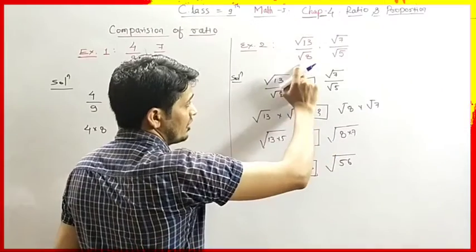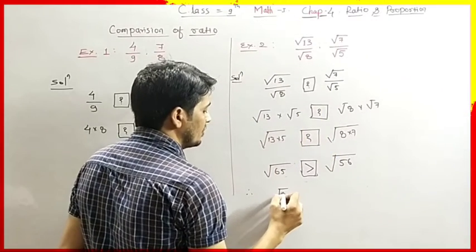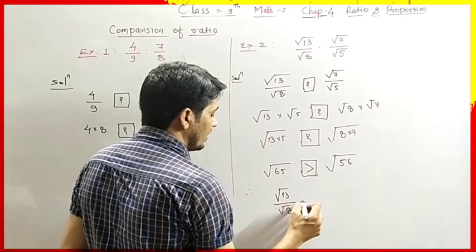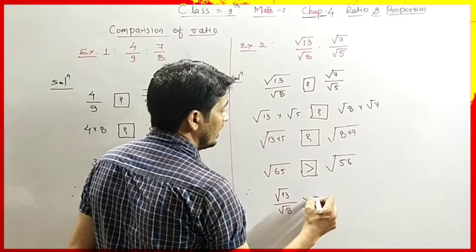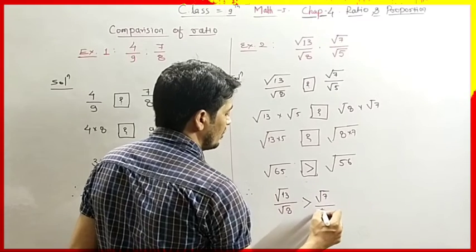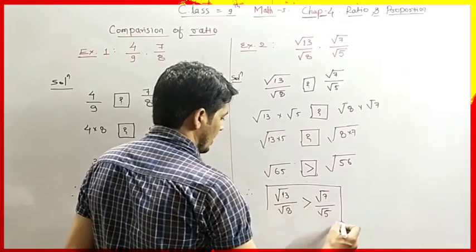That means this ratio is greater than this ratio. So root 13 divided by root 8 is greater than root 7 divided by root 5. Okay, this is our answer.